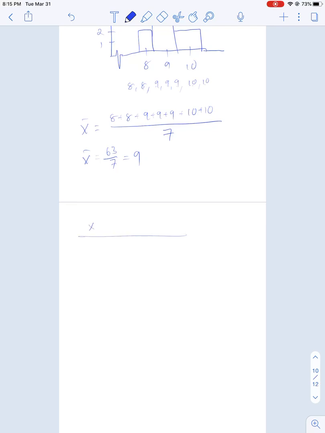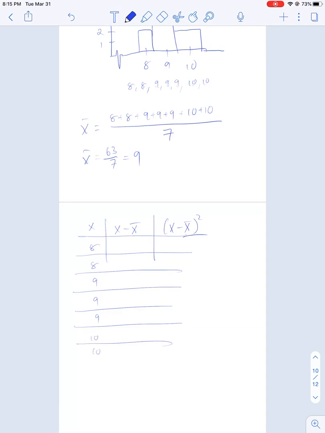We have x minus our mean, and then x minus our mean taken to the power of 2. And what do we have? We have an 8, an 8, a 9, a 9, a 9, a 10, and a 10.